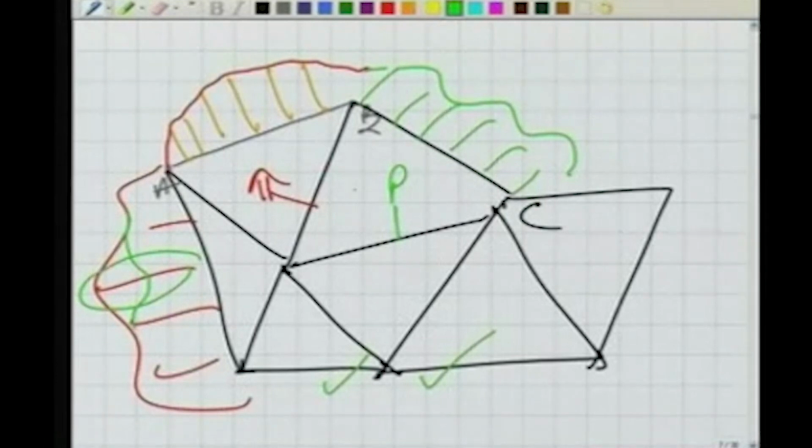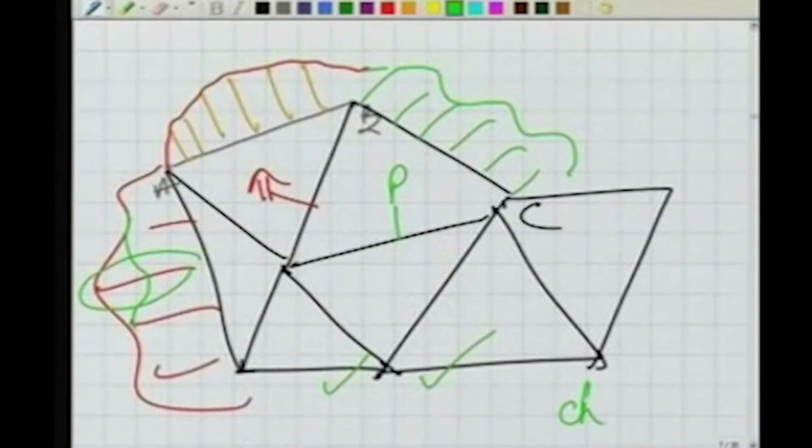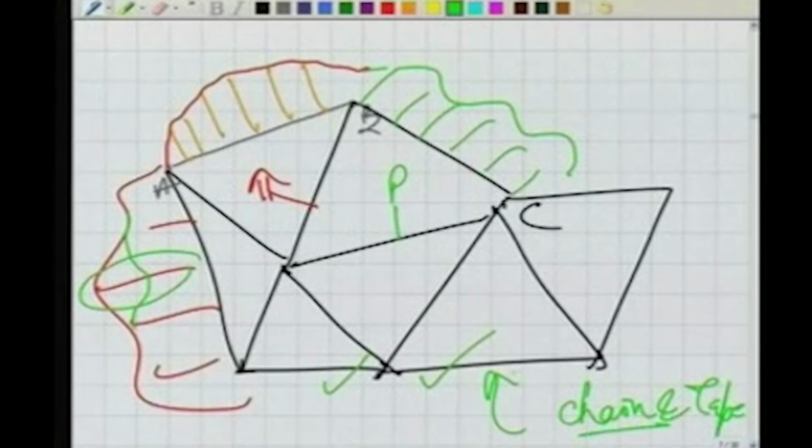Not that my entire map will have any impact of this. So really we are making use of working from whole to part. What we are saying here is that we can make use of only chain or tape, because this entire survey of this triangulation can be done using only chain and tape.